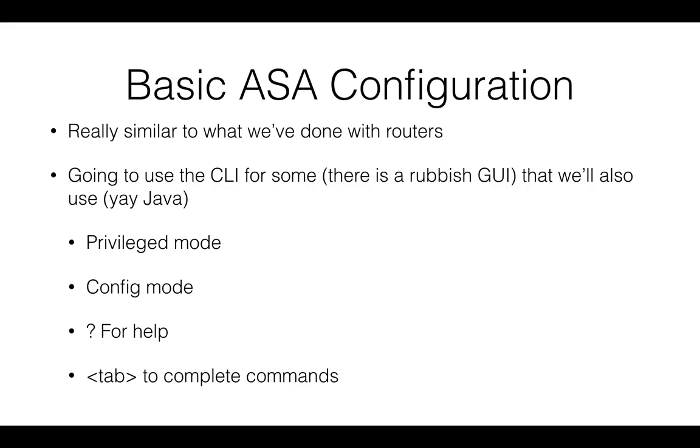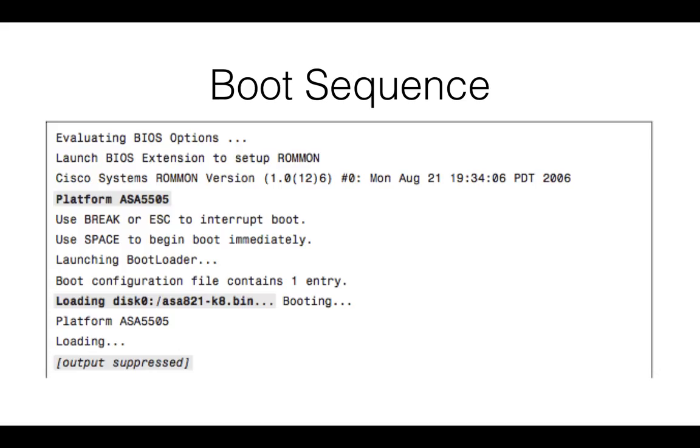So when you walk through the ASA configuration, almost all of what you've already studied is going to be there as well. Navigating the command line, it's called the ASA instead of the IOS, but the commands are really the same. You have a privileged mode, you've got config mode, question marks for help, tab completion. That is all still there. When we boot up the sequence, you're going to see that the model number, of course, is different.